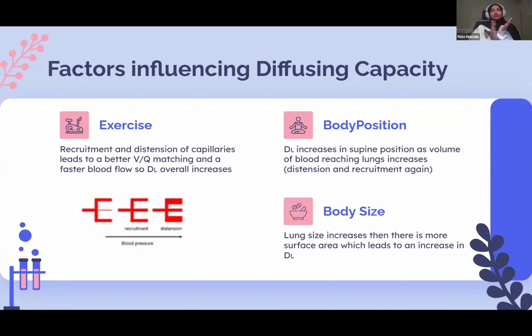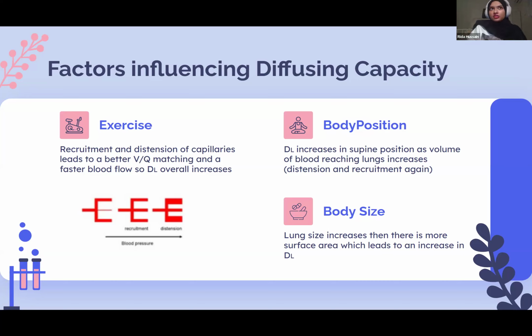But when we lie down, as when we lay the water bottle down, more blood is distributed to the lungs, which again causes more recruitment of the vessels, more distension of vessels, again increasing surface area, decreasing thickness, increasing diffusion capacity. Body size is pretty self-explanatory. If there is an increase in body size, there is an increase in surface area of the lungs, which causes an increase in diffusion capacity.